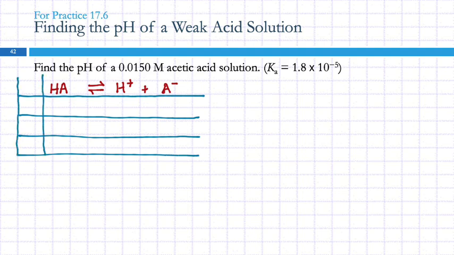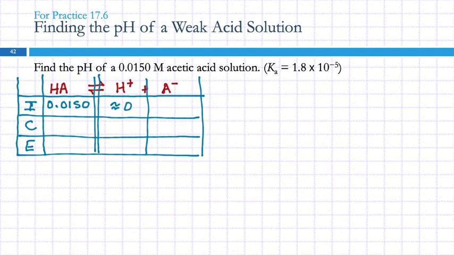Ice table. ICE. So where do I put the 0.0150? That's the initial concentration for the HA. And then what we are interested in knowing is, well, how much of that ionizes? Initial concentration for H plus, 0.